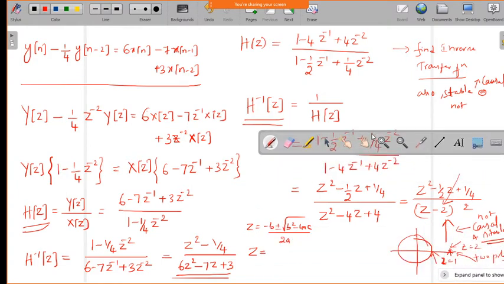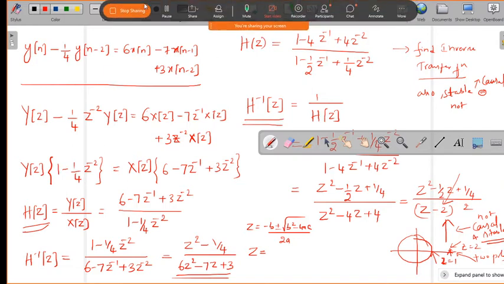Tell me the roots. Find out the roots. What are the roots?